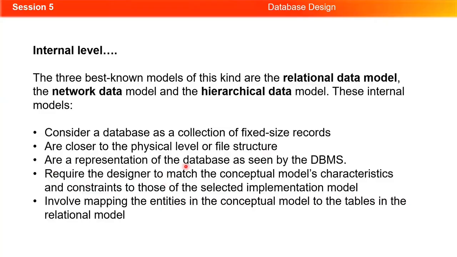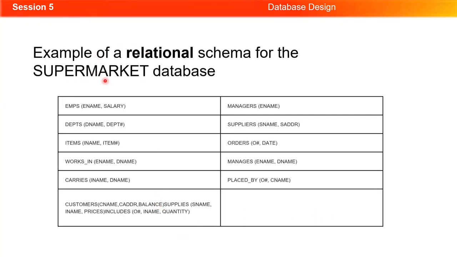They are representations of the database as seen by the DBMS, require the designer to match the concept model's characteristics and constraints to those of the selected implementation model, and involve mapping the entities in the conceptual model to the tables in the relational model. And here we can see an example of a relational schema.